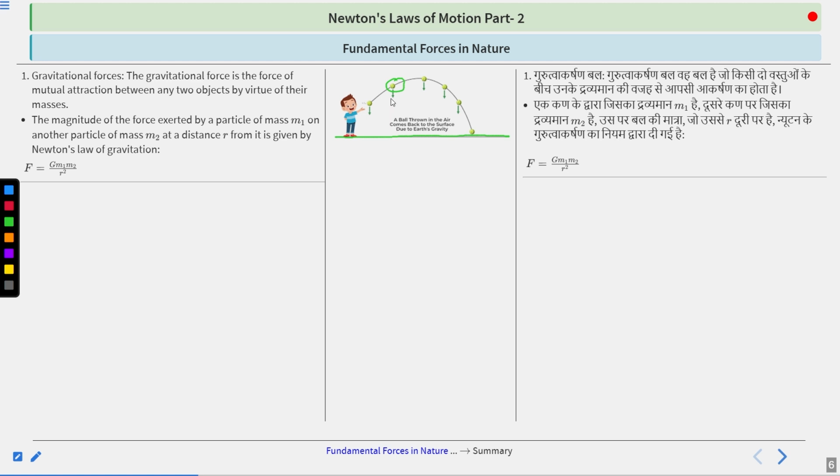Because both the ball and the earth exert a force on each other. That force is a mutual force of attraction, or in short, the gravitational force. It is by virtue of their masses, because the earth's mass is much higher than the ball's mass. So the ball's attraction will be lesser in comparison with the earth, and the ball will come down to the earth.